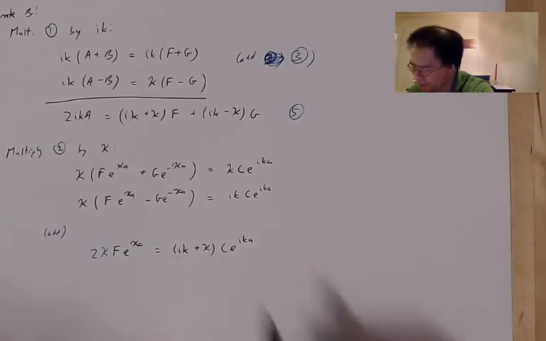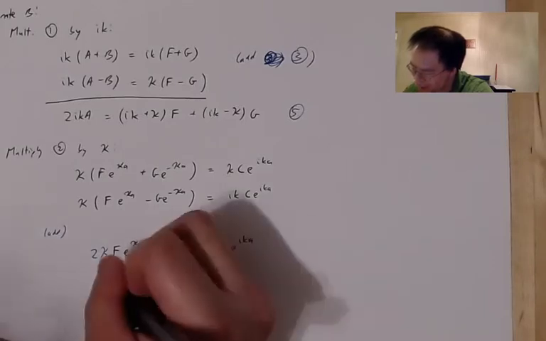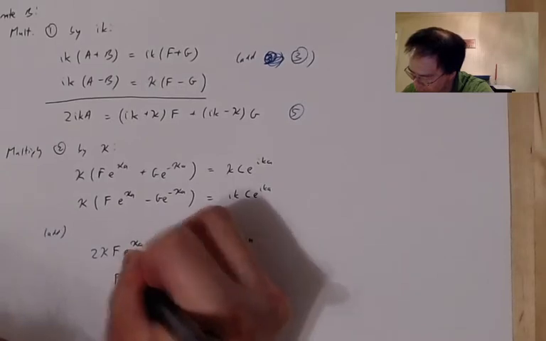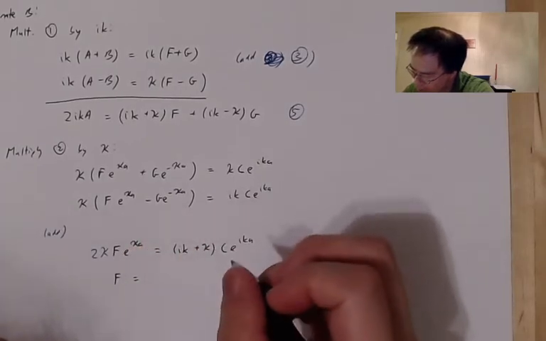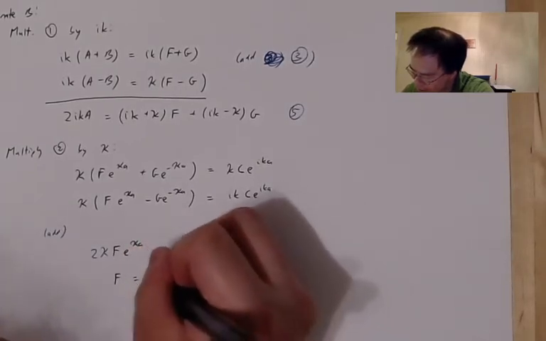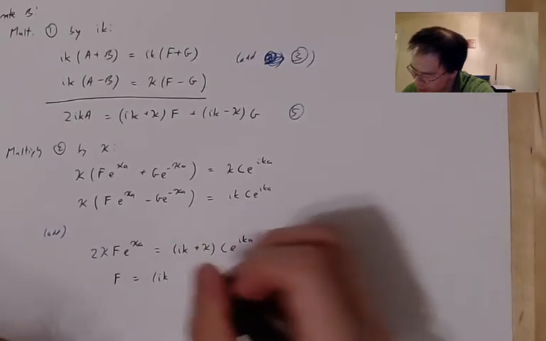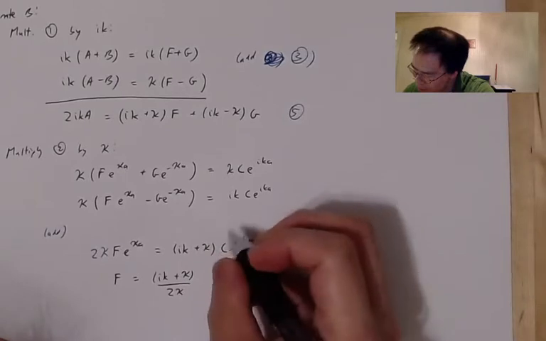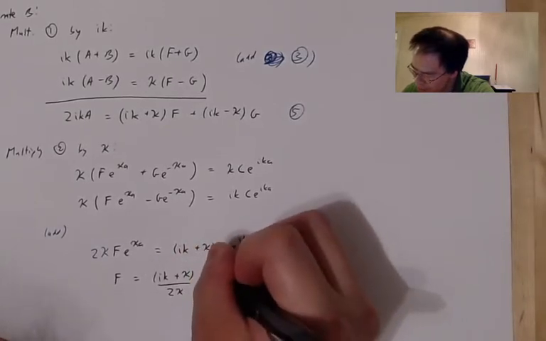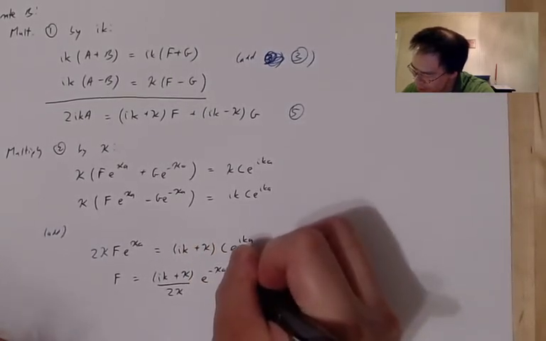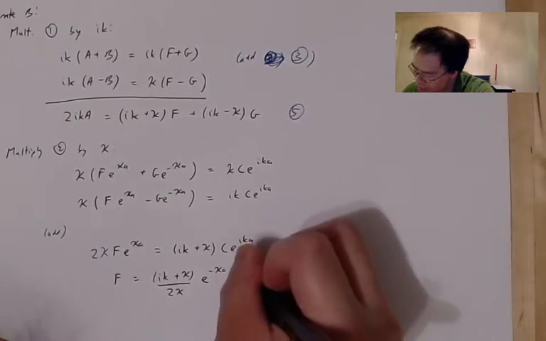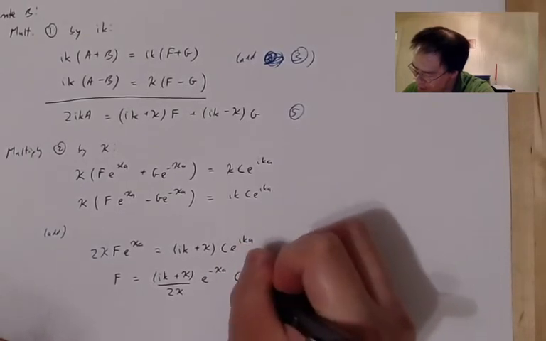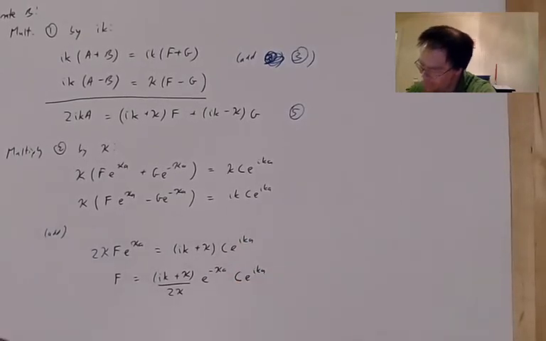So let's finish this off and solve for f. This gives me f equals ik plus kappa divided by 2 kappa, times e to the minus kappa a, times c e to the ik a.